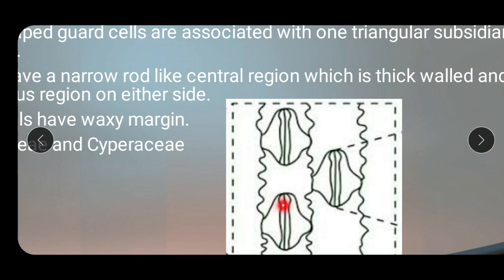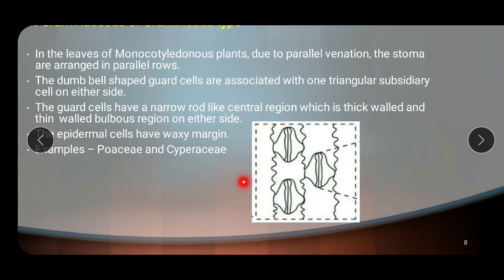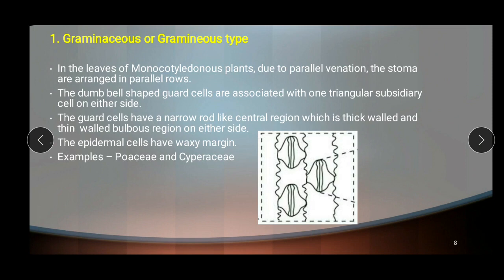These are the two central guard cells which show the bulbous end, while the central portion has a thick walled rod-like structure. Here the guard cells have a narrow rod-like central region which is thick walled and thin walled bulbous regions on either side, and this type of arrangement is important for the functioning of the stomata.